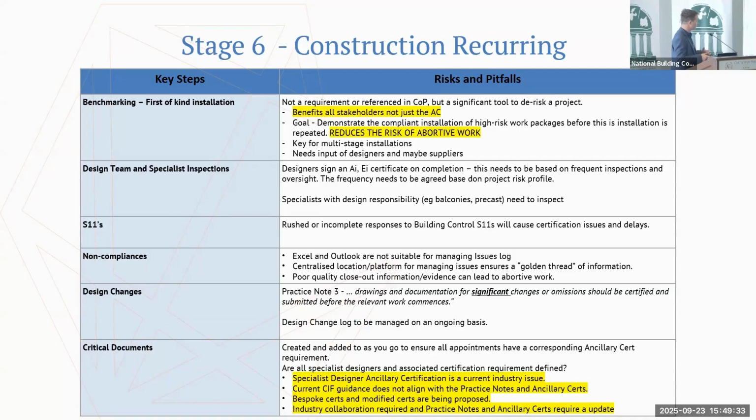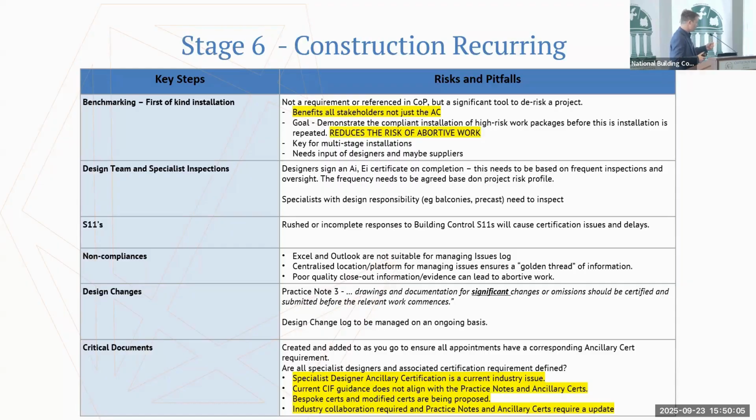Digital systems like Procore and others, every contractor has a version of that, and they should be used for capturing non-compliances. We should have a photograph of the issue and a description of what the actual issue is. We should have closeout evidence showing that it's been closed and remediated. If you're dealing with Excels and Outlooks and verbals, I don't know how you can certify a building not knowing that there are potentially errors and latent defects hidden within that building.